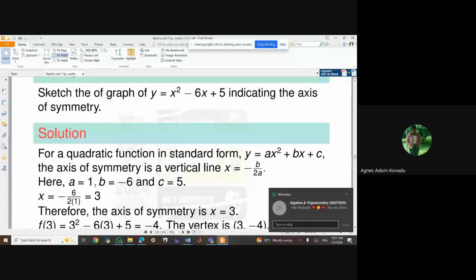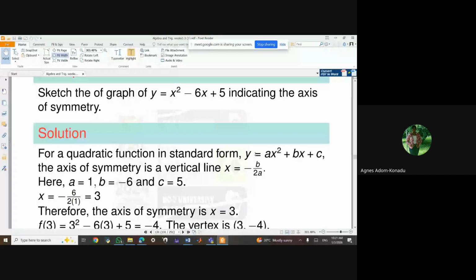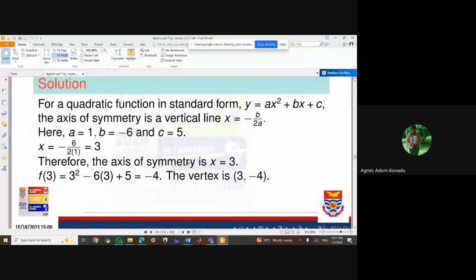For a quadratic in standard form y equals ax squared plus bx plus c, the axis of symmetry is x equals minus b over 2a. Here a is 1, b is negative 6, c is 5. So x is negative negative 6 over 2 times 1, which is 3. Therefore, the axis of symmetry is the line x equals 3.